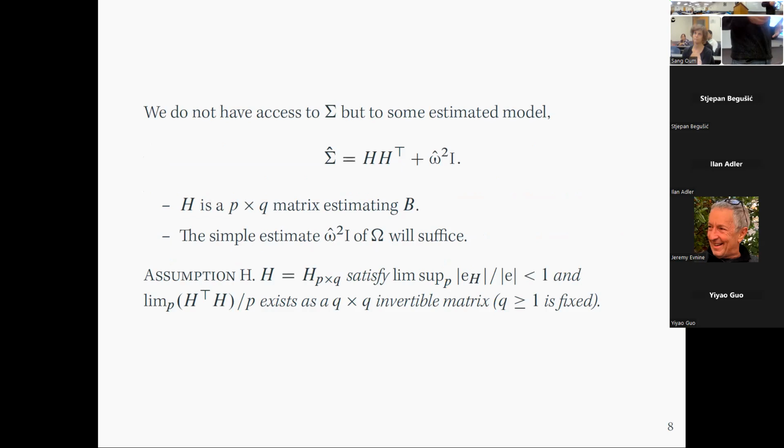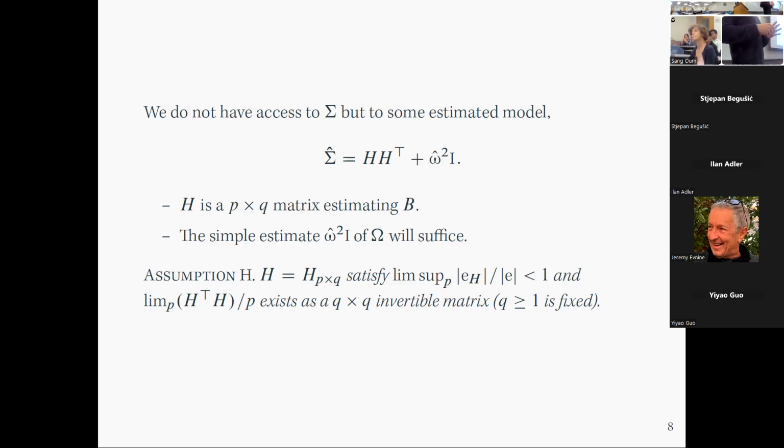Since I'm focused on the estimation of risk factors, I'm primarily going to be thinking about this matrix H, which is estimating the matrix B. Here I say that the simple estimate, omega squared times I, the identity in place of big omega, is going to suffice. I'll explain during the talk why that's true. But this is essentially what we're going to be doing.